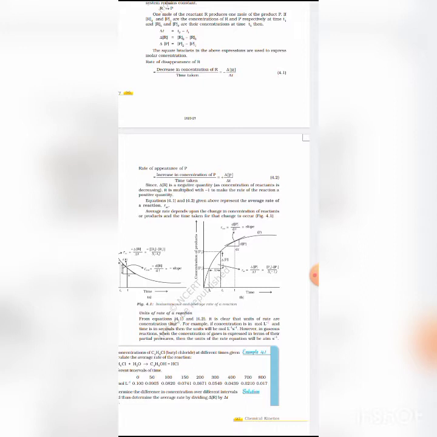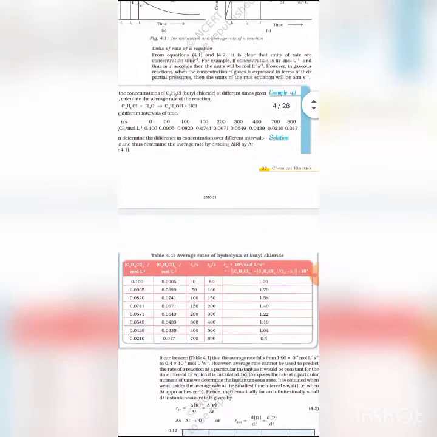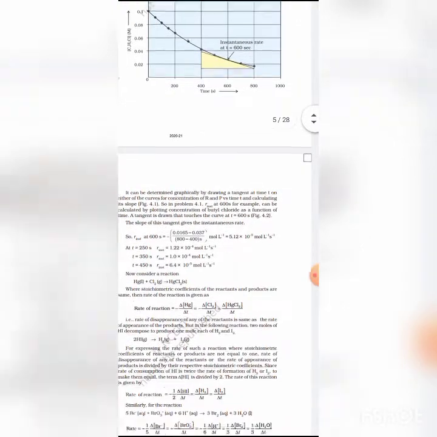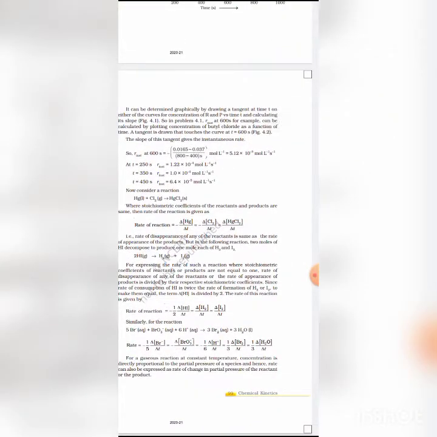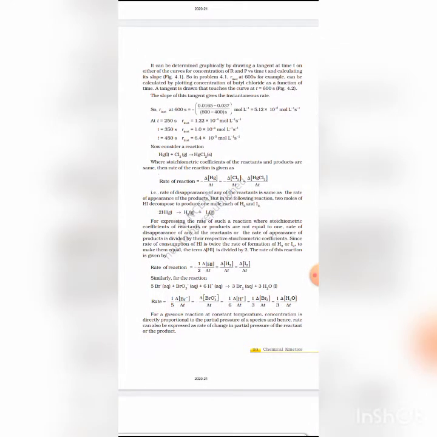That is, instantaneous rate equals dR by dt, the smallest change in concentration of the reactant, or it may be expressed as dP by dt, the smallest increase in concentration of product in the smallest time interval.